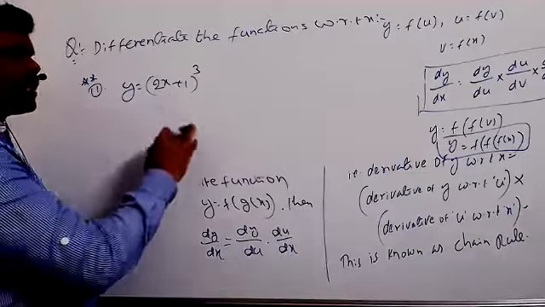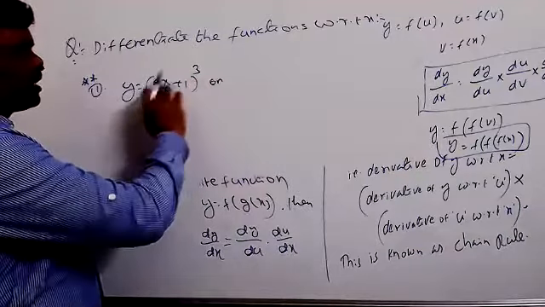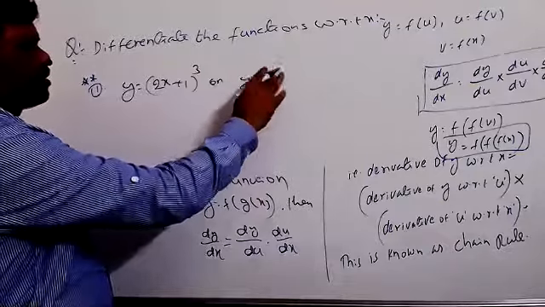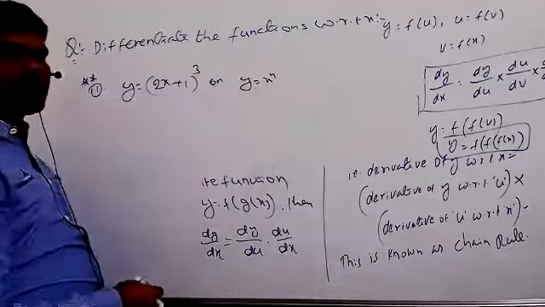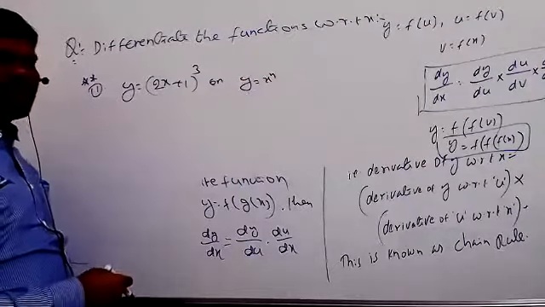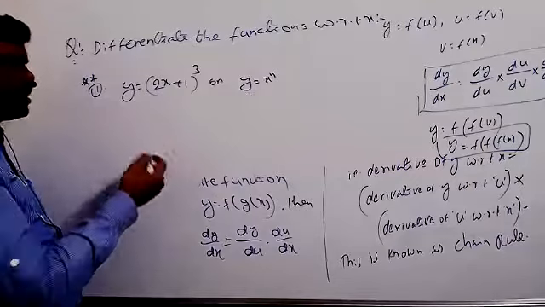Now a simple way you can take here. Take y equal to x power n. We know very well that the derivative of x power n equals n into x power n minus 1. The same formula can apply.